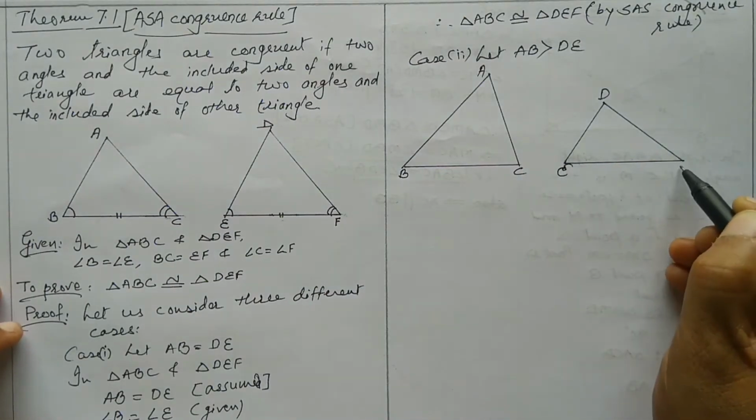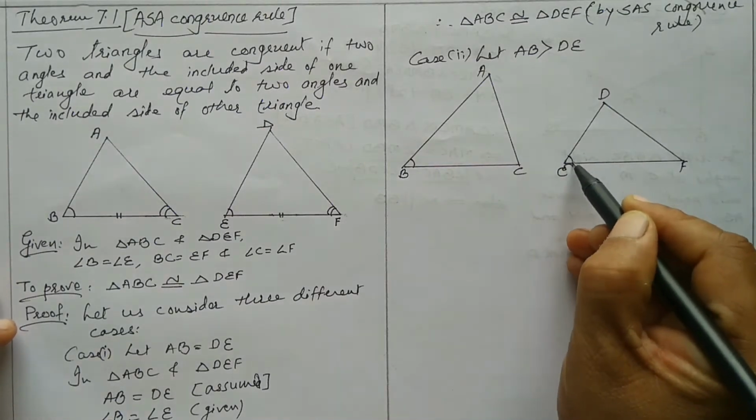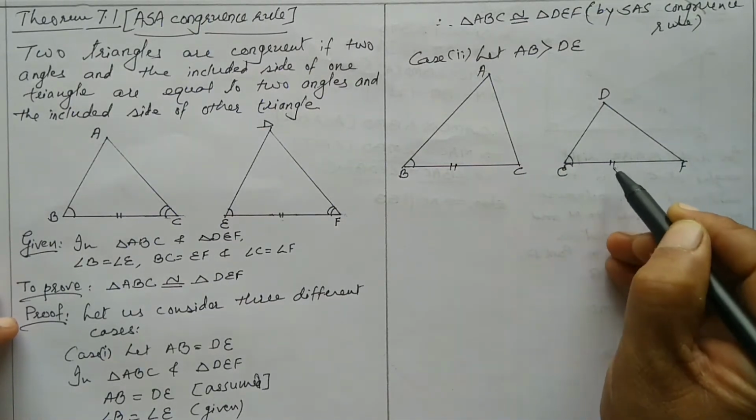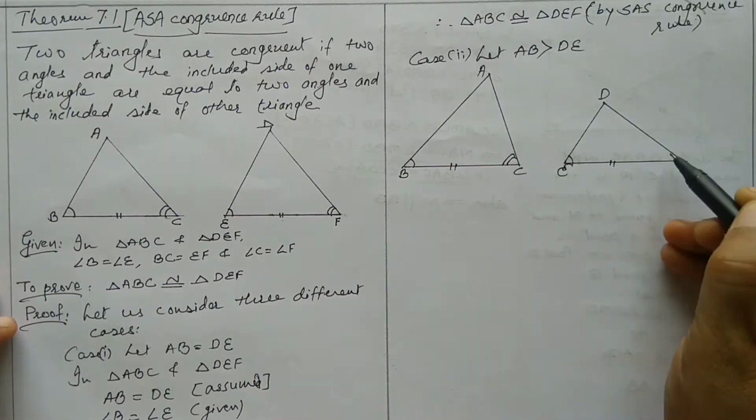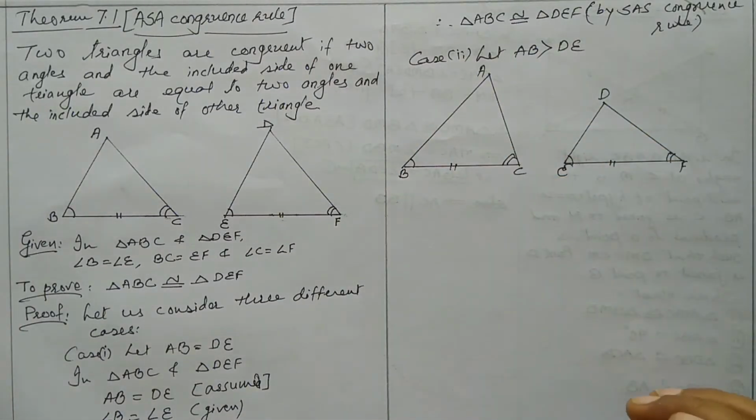Here, same as before, angle B is congruent to angle E, BC is equal to EF, and angle C is congruent to angle F. But we have considered AB greater than DE.